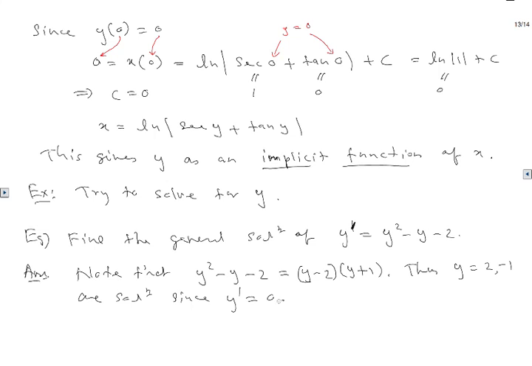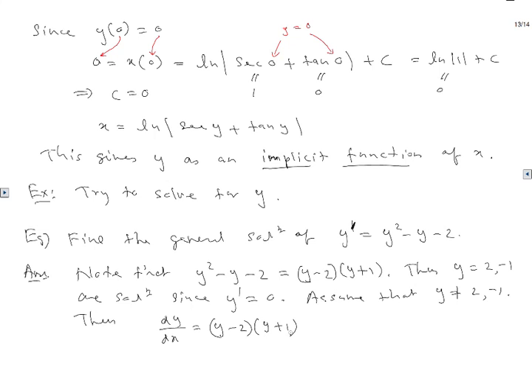Now, to find the other solutions, we assume that y is not equal to any of those numbers. Then we have dy over dx equals (y minus 2)(y plus 1).